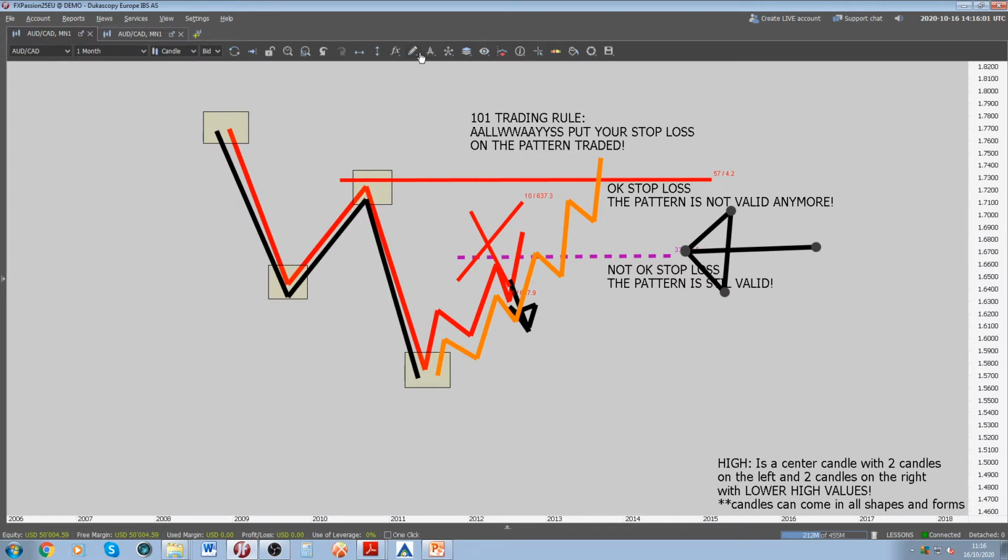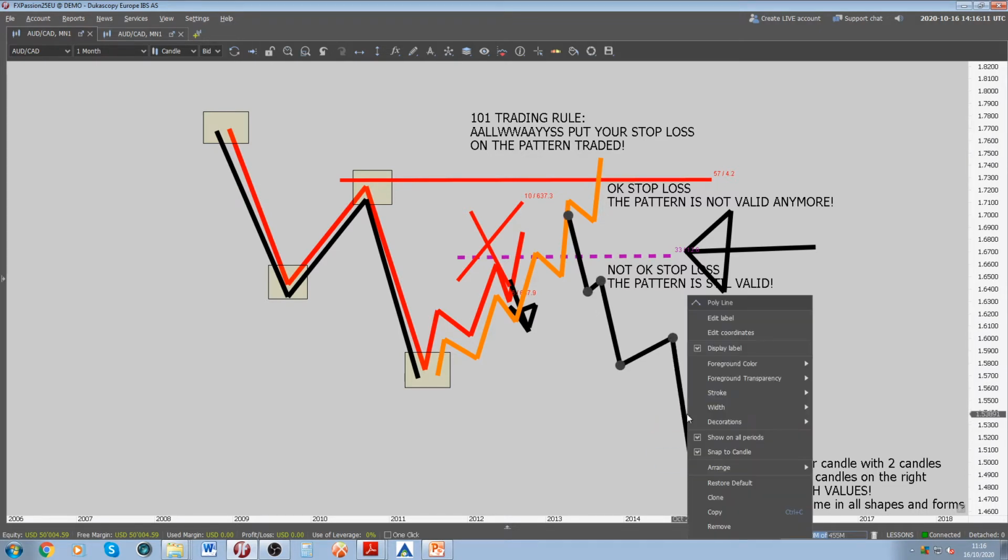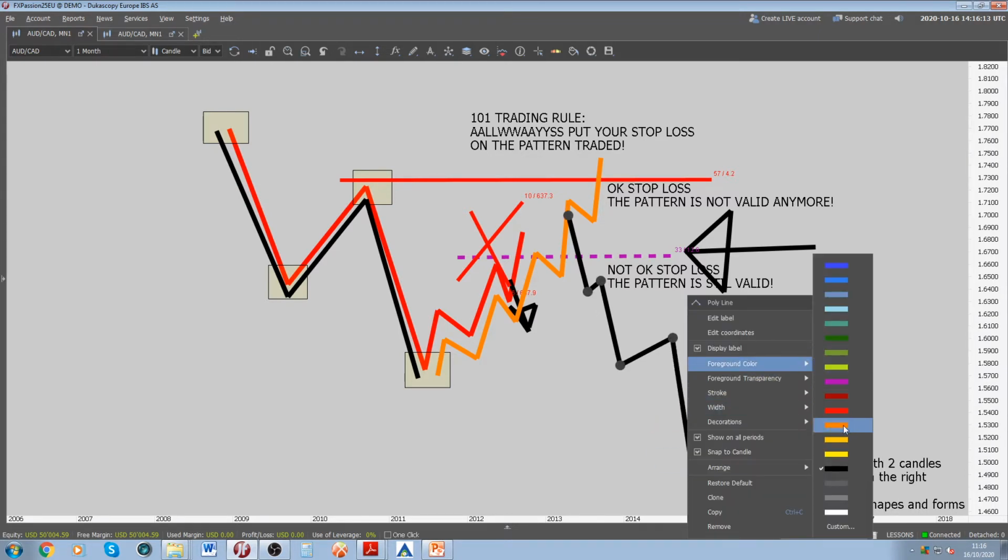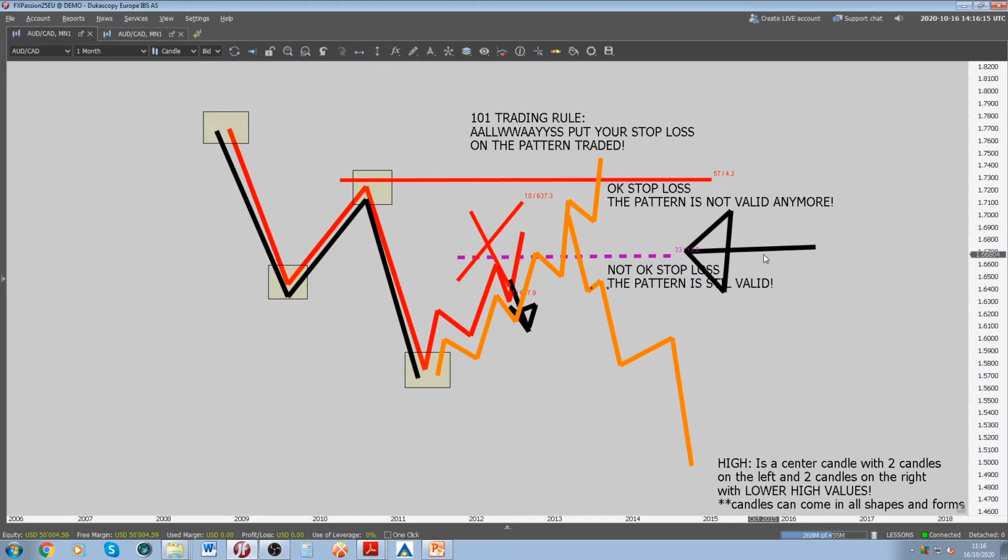Many times the market is going to hit your stop loss, go further up, and then reverse and finally go your way. True or true? Many times, just an example, it goes in both ways, up and down.